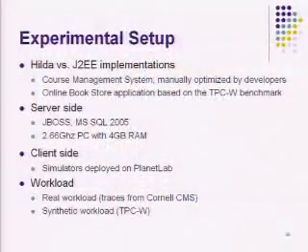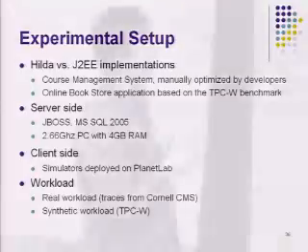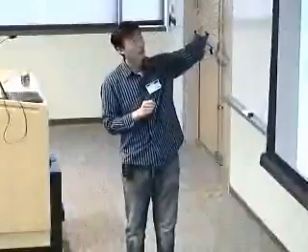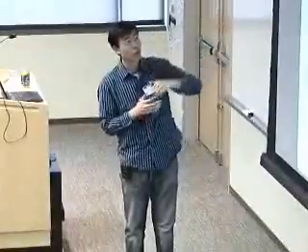Okay, so we performed some experiments to evaluate our runtime system and the effectiveness of our partitioning strategy. We compared HILDA versus a J2EE implementation for the course management system and also the online bookstore application based on the TPCW benchmark.